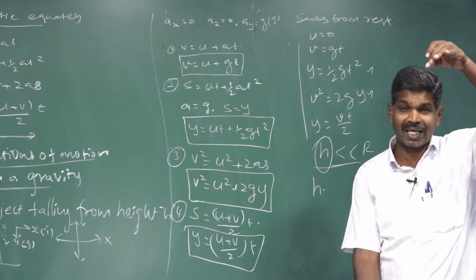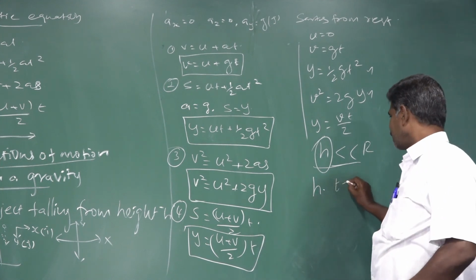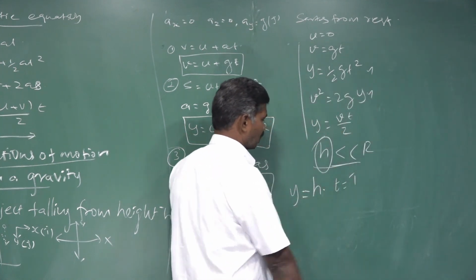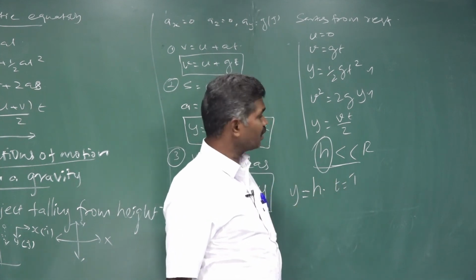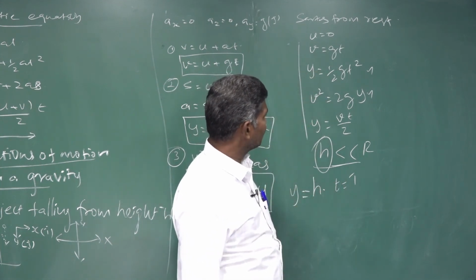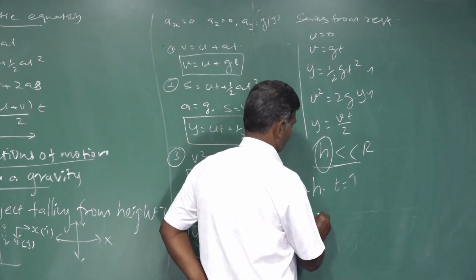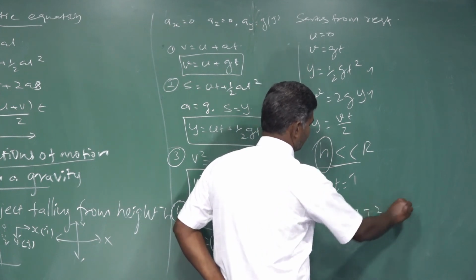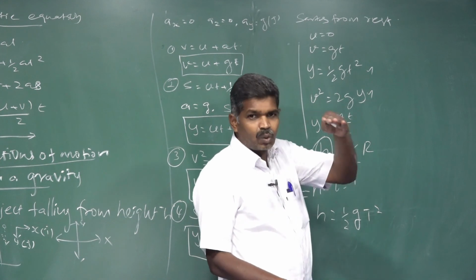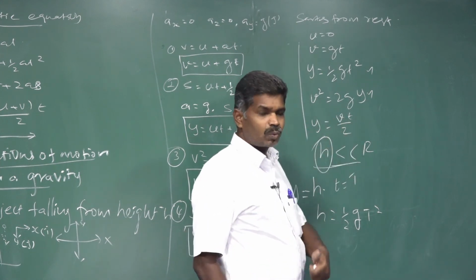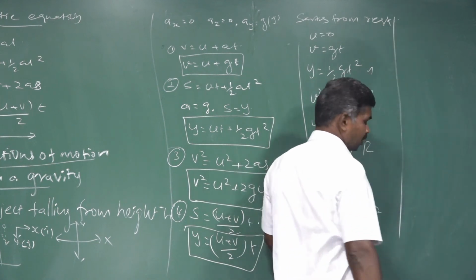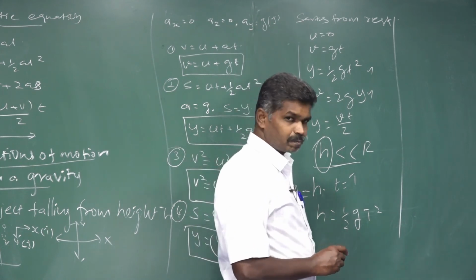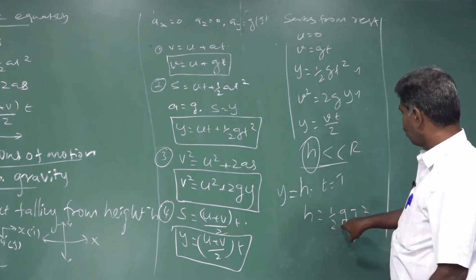The time to reach the ground, final time, total time, can be taken as a capital T. So y is equal to h, small t is equal to capital T. If you substitute this in our second equation, we will get h is equal to half g capital T square.